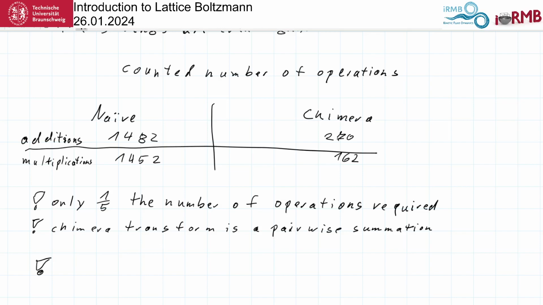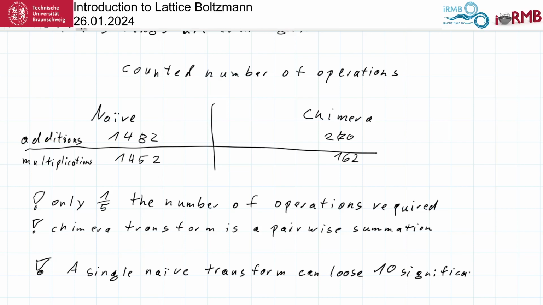And what we have actually observed is, so we measured this, so no particularly good theory, but a single naive transformation can lose 10 significant bits more, not in absolute terms, but more than the Chimera transform.